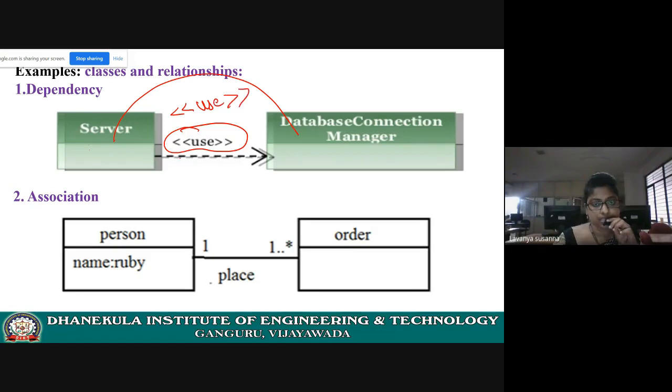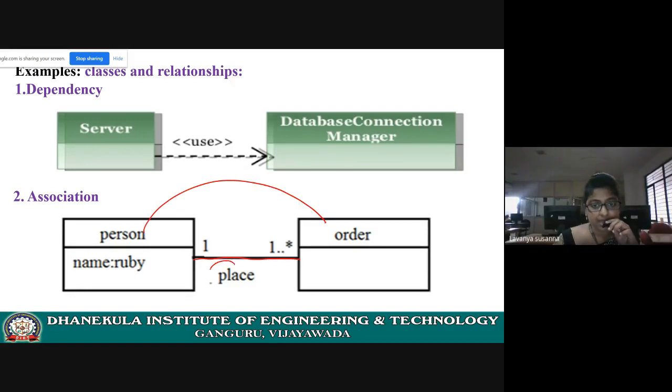Who is using? Server. Dotted line and then arrowhead, which shows dependency. Server is dependent on which one? Database manager.